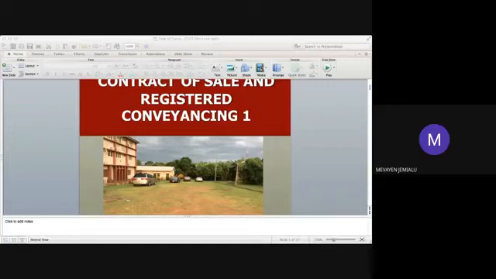Now, this takes us to contract stage. In practice in Nigeria, at the conclusion of preliminary inquiries and negotiation of price by parties, they also have the choice of entering into an oral, open, or formal contract of sale of land.